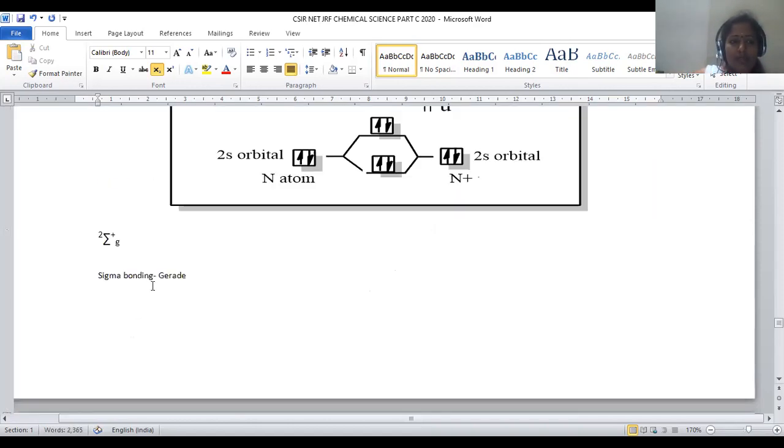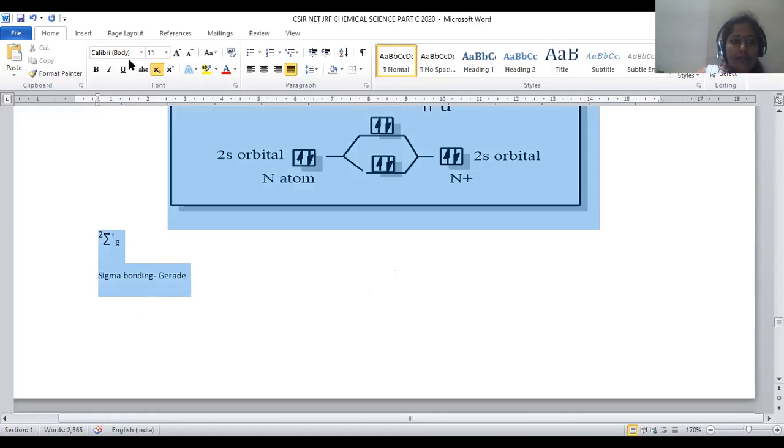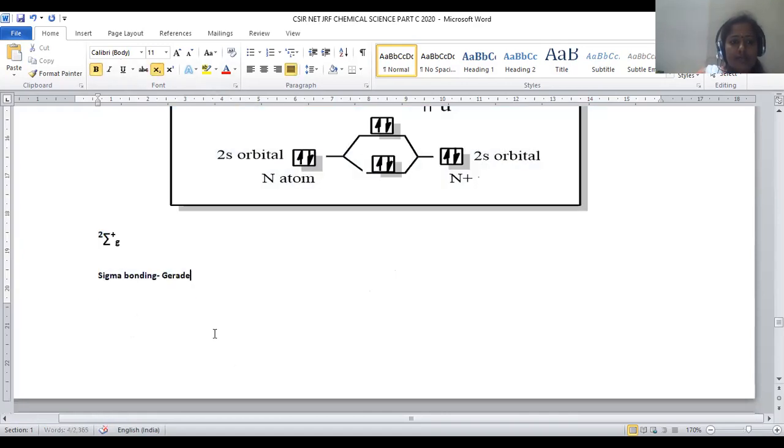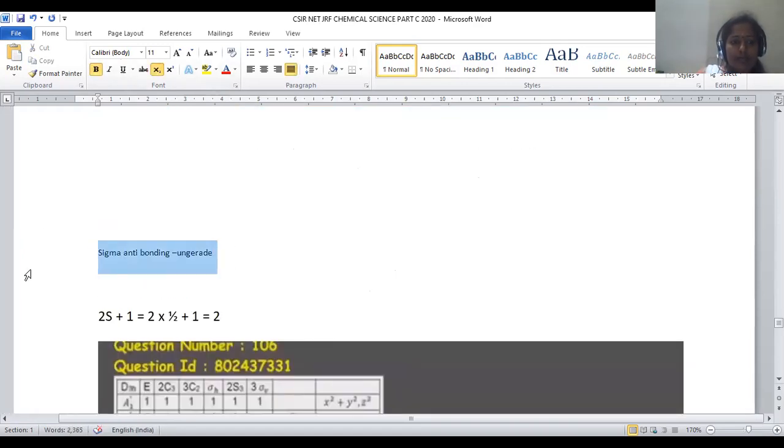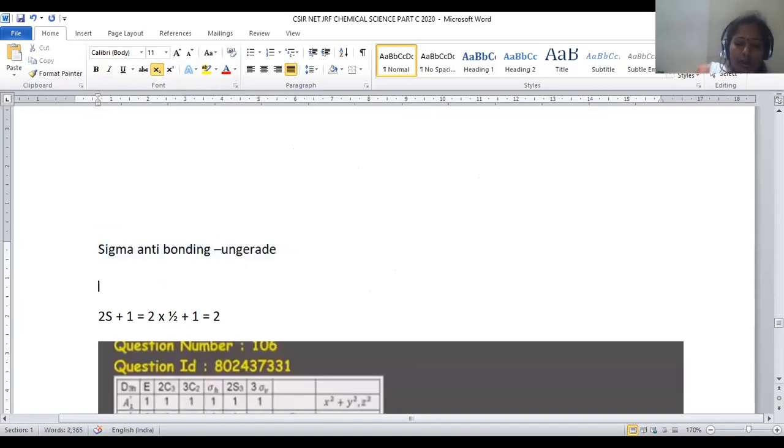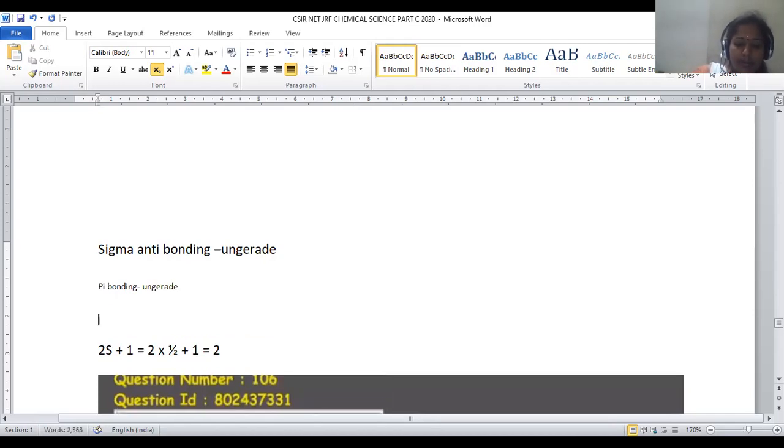The pi bonding orbital is always regarded as ungerade orbital. Then the pi antibonding orbital is always denoted as gerade orbital.